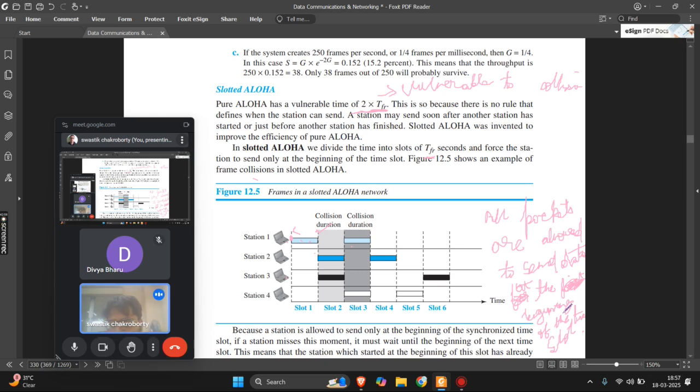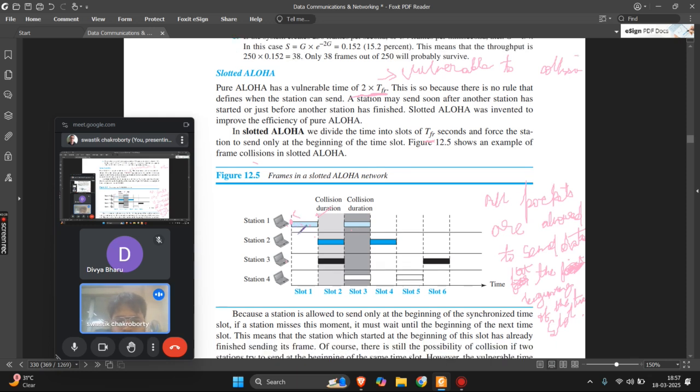For the rest of the frame duration, you don't have to wait in anticipation that your packet will get collided. Once you send the packet at the beginning of a slot and others don't, your packet is guaranteed to go through, because in the middle no one can send a packet. And once they can again send a packet, by that time your packet will be completely transmitted. So as long as other stations do not decide to send at the same starting of the time slot as you, you are safe.